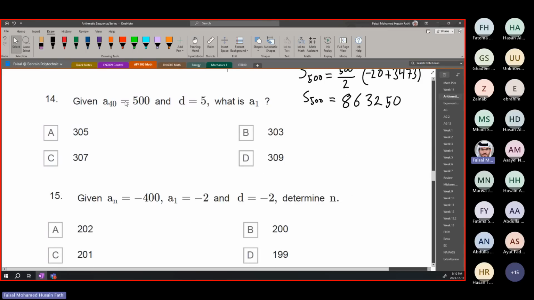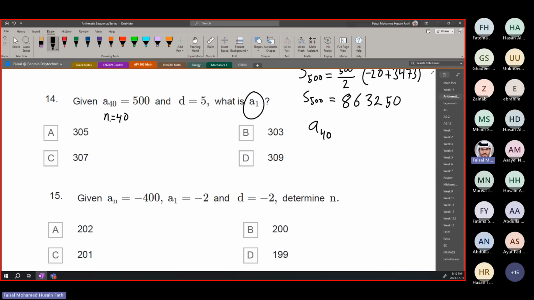Given A40 is equal to 500 and d is equal to 5, what is A1? Again, you will always use the same equation. This time we need to find A1, but we are given n equal 40 and we know A40. So A40 is equal to A1 plus 40 minus 1 times the common difference 5, and we solve for A1.